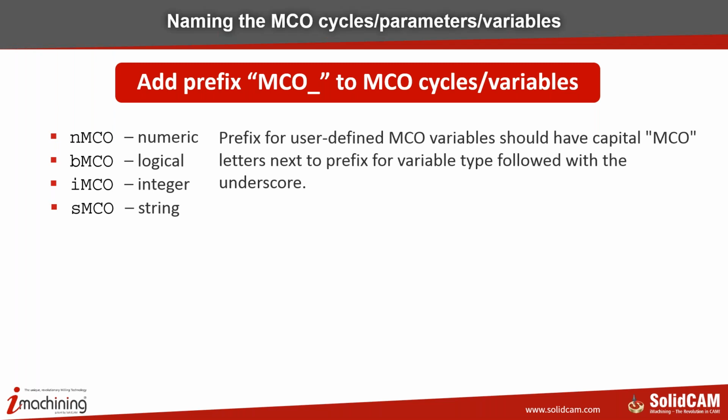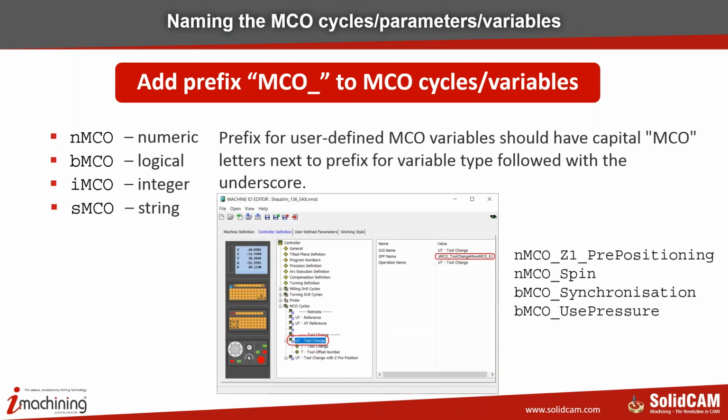So to distinguish it better, just put MCO and then an underscore, and then you make the variable name itself. And here I put, for the name of the procedure, the name of the cycle, you just say MCO, and so on.